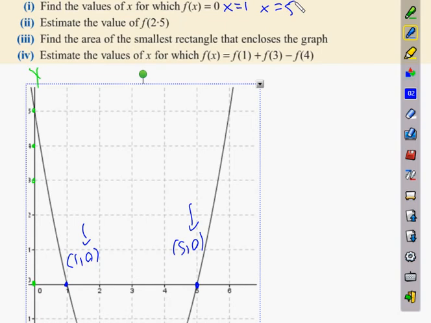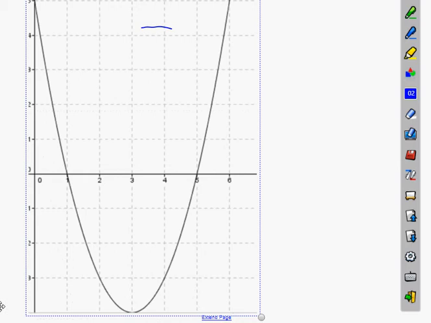Okay, Paul, what does the next question mean? F of 2.5. So the input is 2.5. Which one's the input line, Paul? The one going sideways. So you go to 2.5, which is halfway in between 2 and 3. And you have it here, roughly there. Now what do you do next?